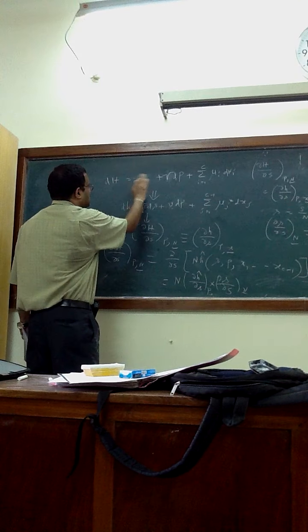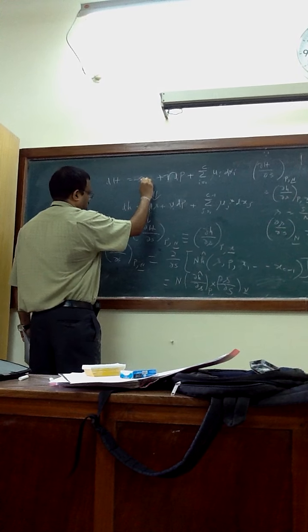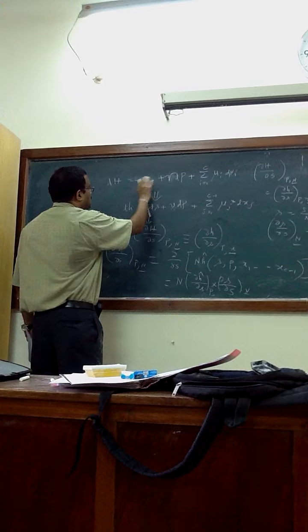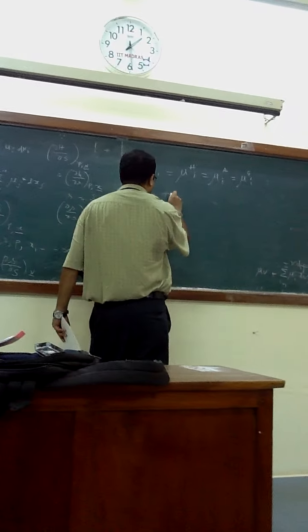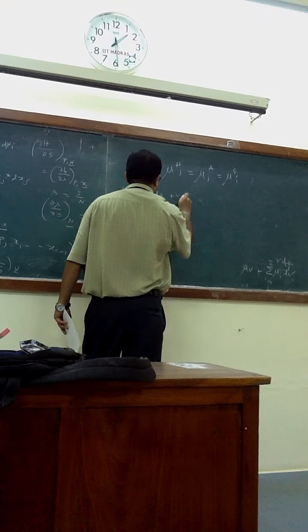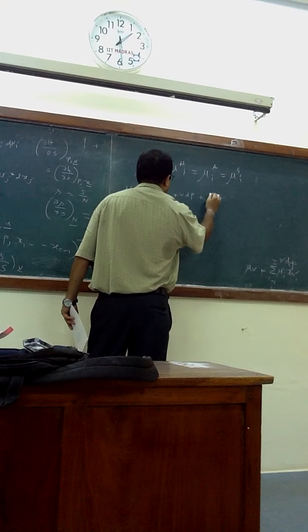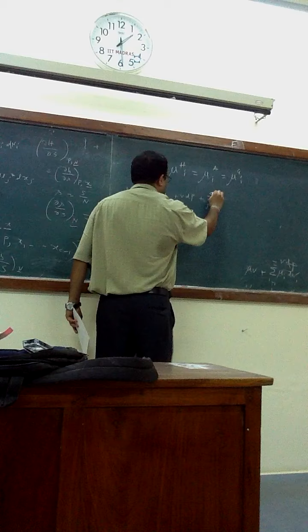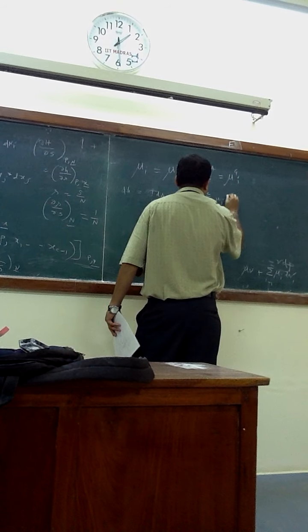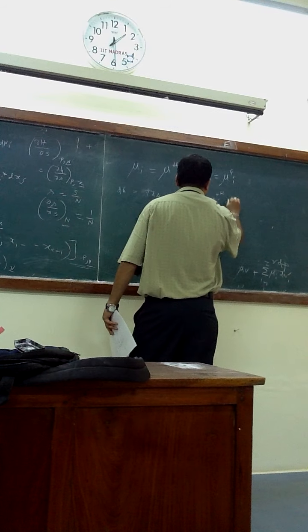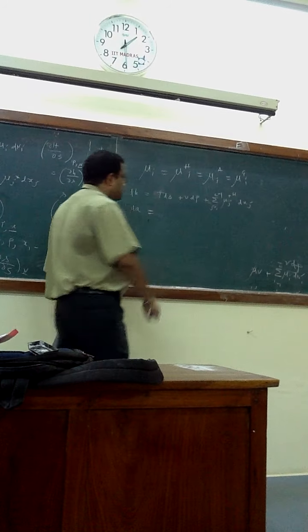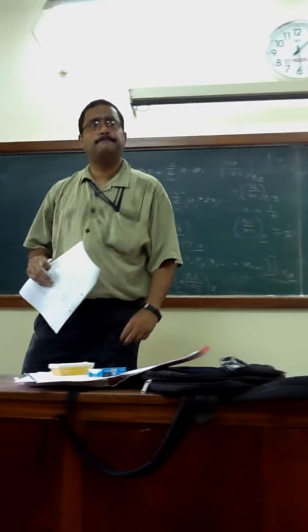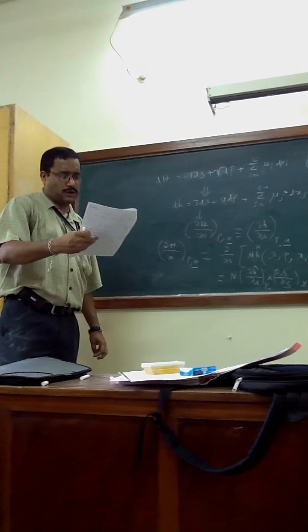Is that correct? TDS, yes, it's very correct. TDS plus VDP, mu j h star dxj. dA will be what? dA will be what?